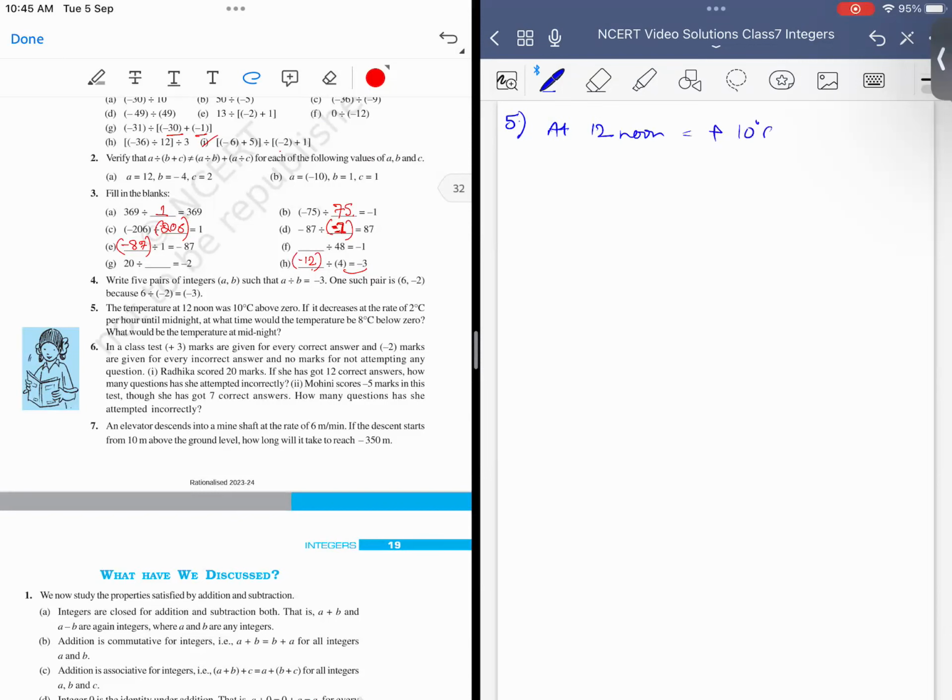Positive 10 degrees C. If it decreases at the rate of 2 degrees C per hour, so rate of falling, the temperature is falling, so obviously since it is falling, we'll take it in negative, so minus 2 degrees C per hour. That means every passing hour, the temperature is falling by minus 2 degrees.